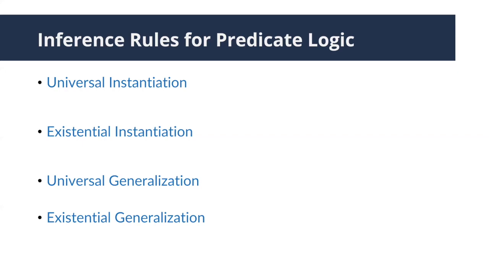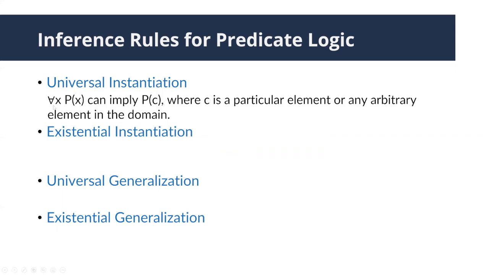Here are the 4 new inference rules: universal instantiation, existential instantiation, universal generalization, and existential generalization. The first rule is, for any x, px can imply pc, where c is a particular element or any arbitrary element in the domain.